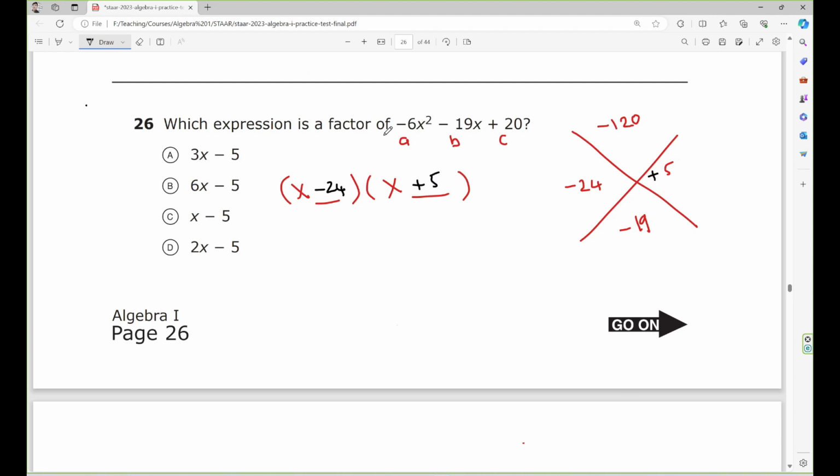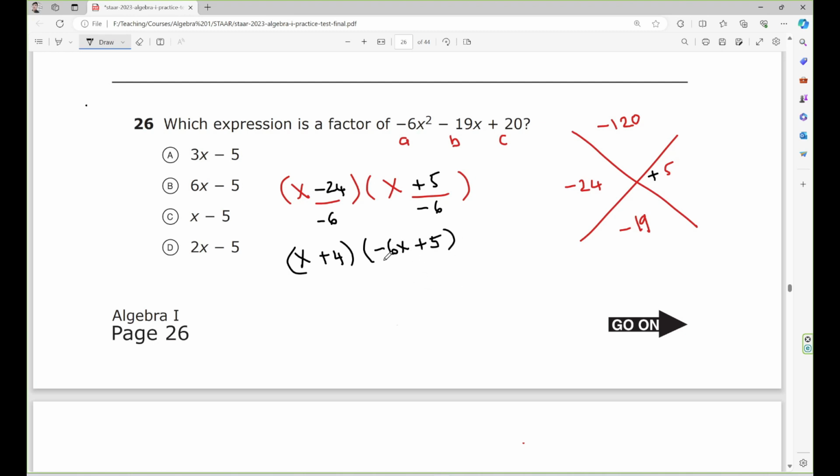Next, a equals negative 6, so I divide this one by negative 6. Simplify, s plus 4. And then negative 6, this one cannot simplify, so you multiply this one, this will be negative 6s plus 5.